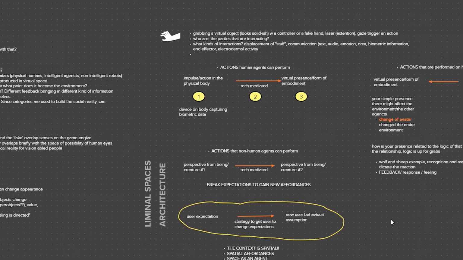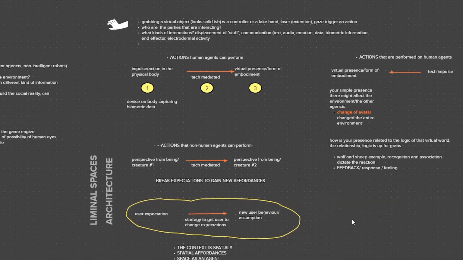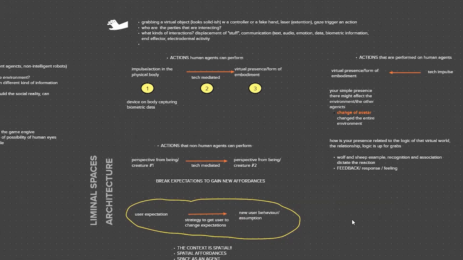What I also want to say is that I'm really not proposing that these structures are real in an ontological sense. They're just a playground, right? So I'm not saying this is how it is.